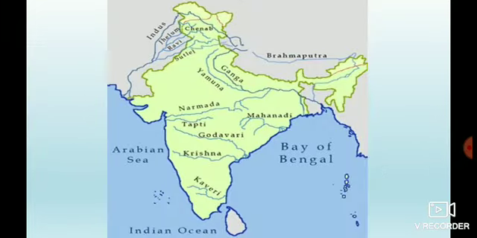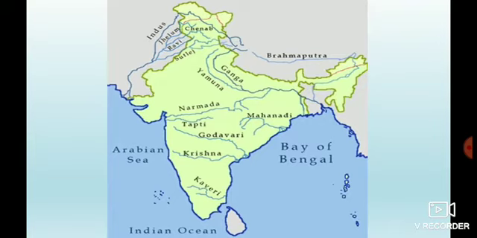And next, as I already said, the river Narmada divides the Peninsular Plateau into Central Highlands and Deccan Plateau, right? So here is the river Narmada, it flows.